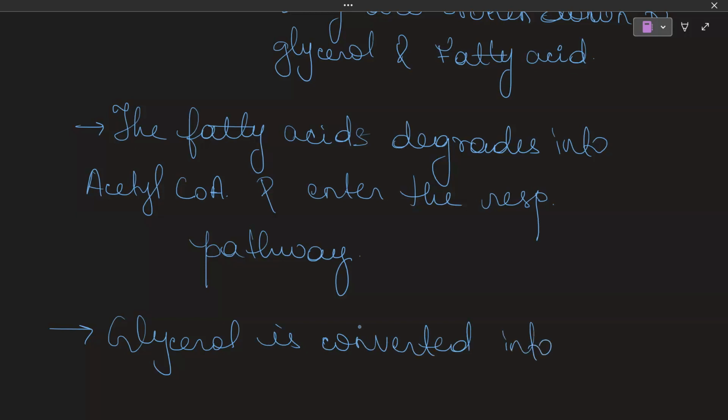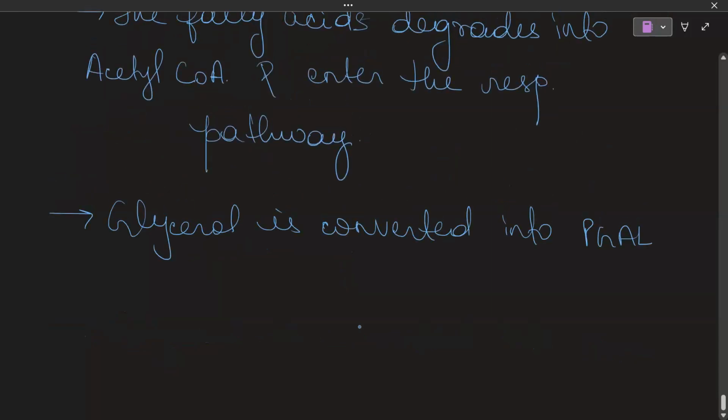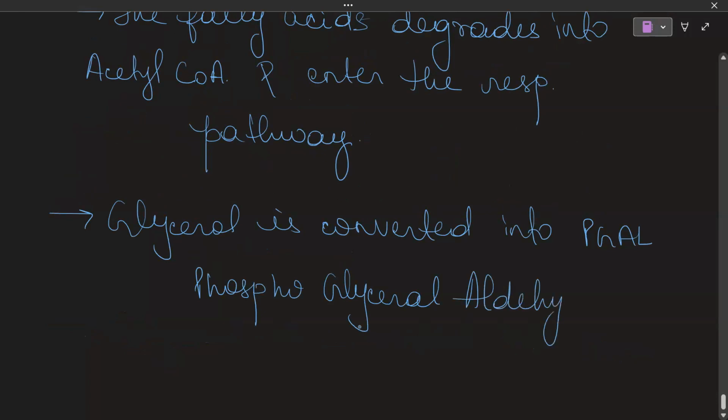You write down the full thing, don't write PGAL. So phosphoglycerol aldehyde. And when it gets converted into phosphoglycerol aldehyde, then it can enter the pathway.